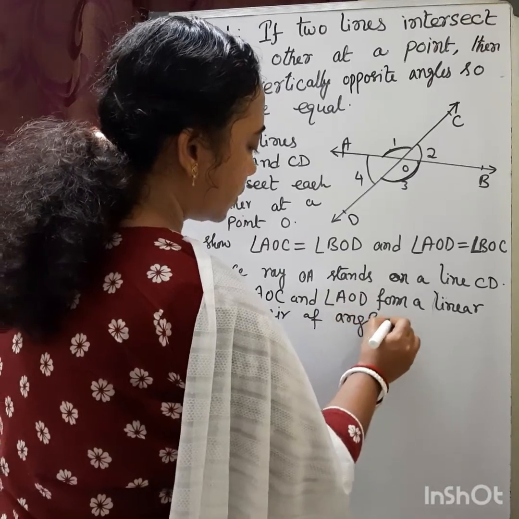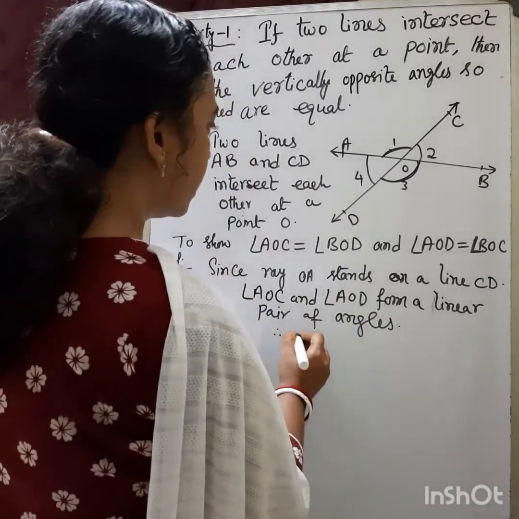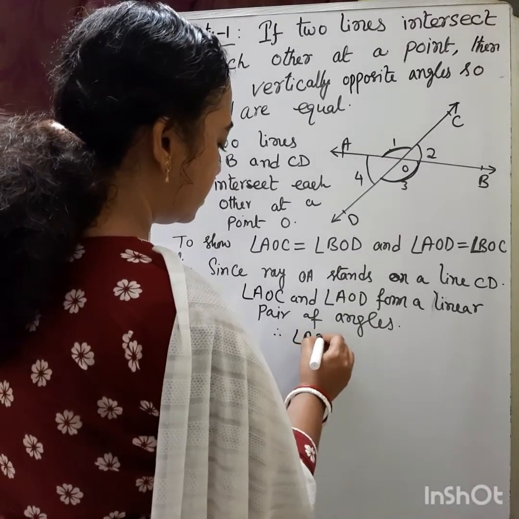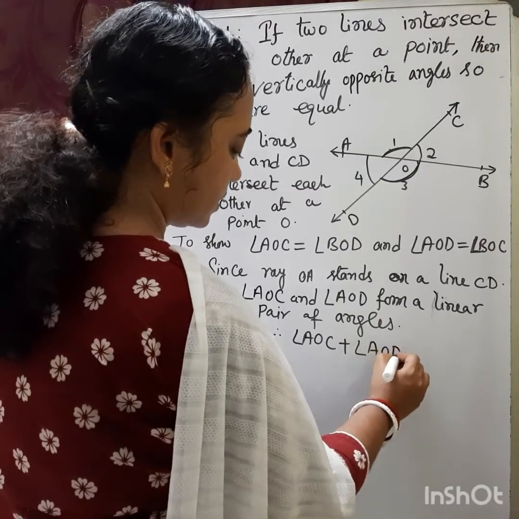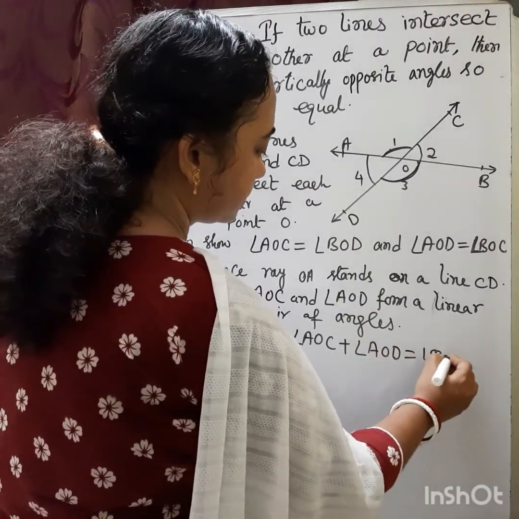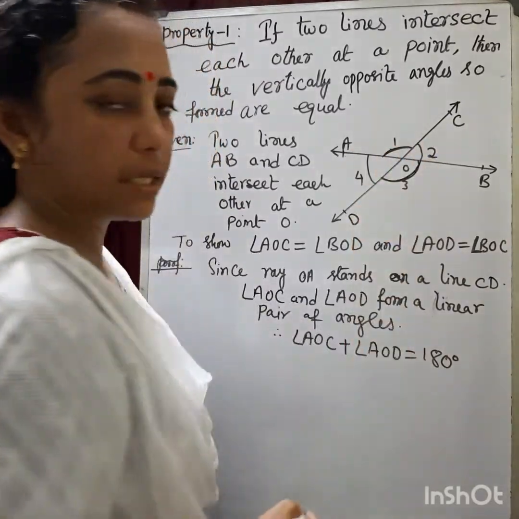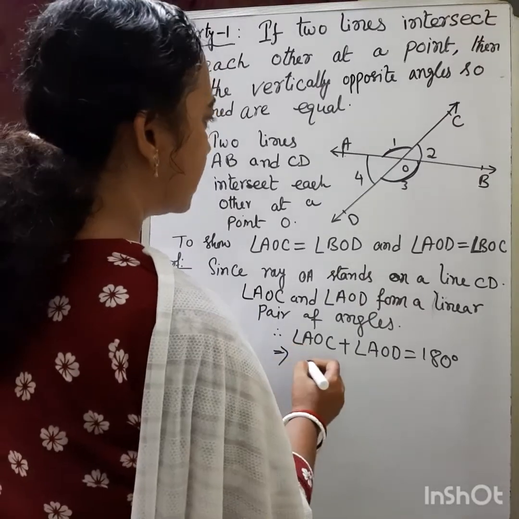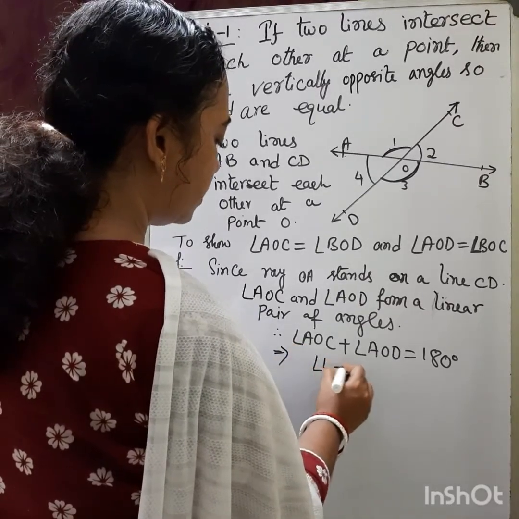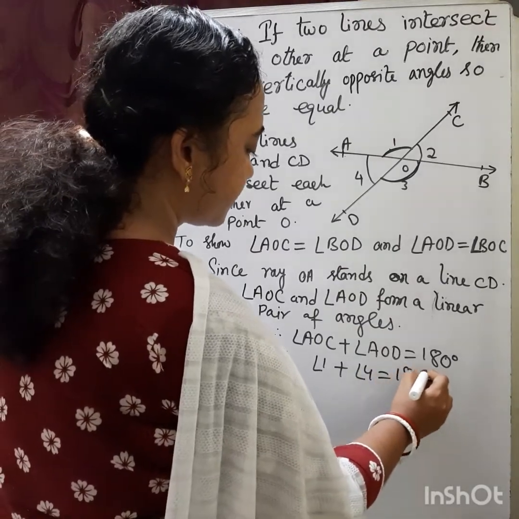So their sum will be always equal to 180 degree. So therefore angle AOC plus angle AOD is equal to 180 degree, which we can also write as angle 1 plus angle 4 is equal to 180 degree.